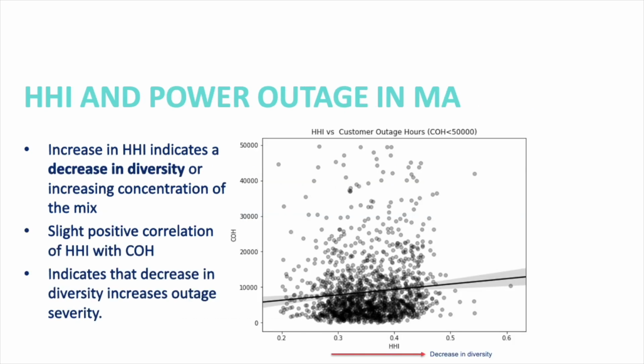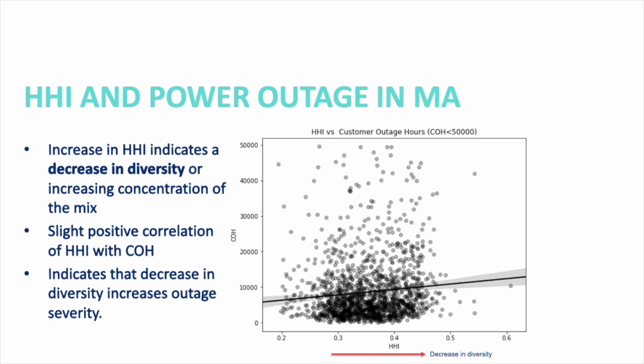Here we're showing the relationship between the HHI, which is a measure of diversity, and COH, which is a measure of the severity of an outage. Here we don't have much of a strong relationship. However, what we try to show is that the methodology can be applied to give insight into the relationship between HHI and COH.